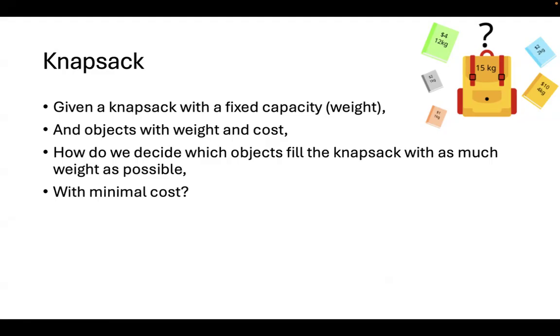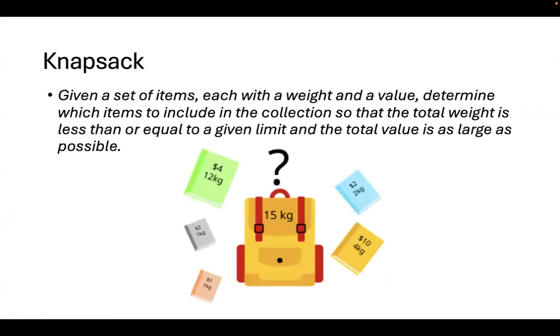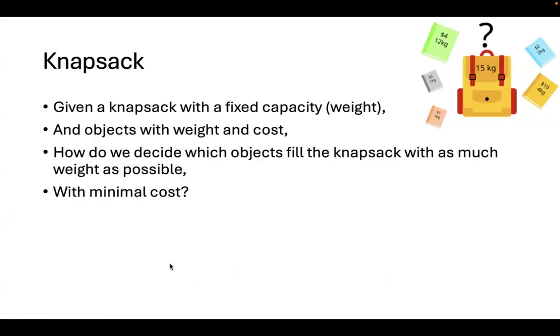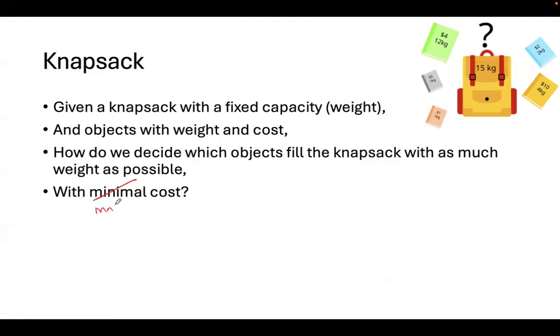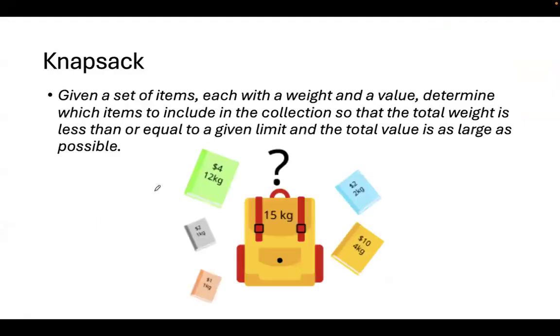So be very attentive as you're reading problems, because this one says with minimal cost. The version we'll look at later, I believe, is with maximal cost. So just be careful, read carefully. I think I will just say with maximal.